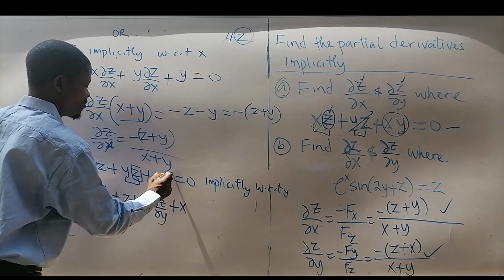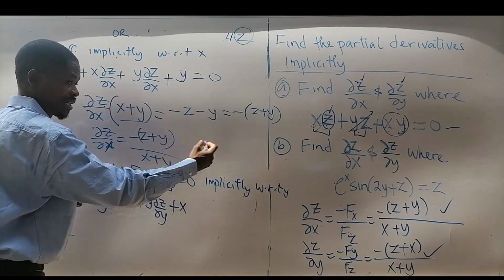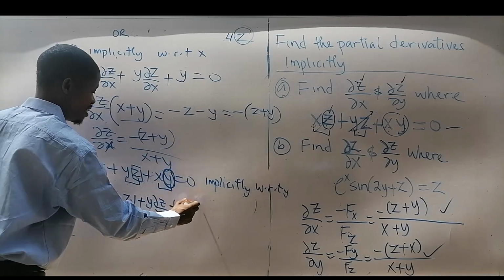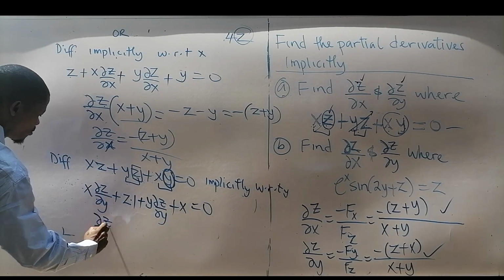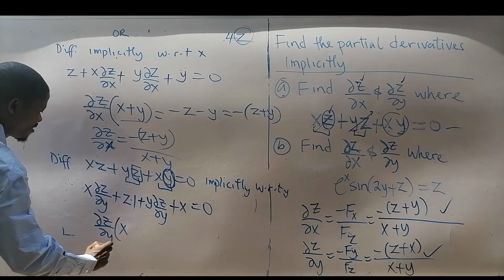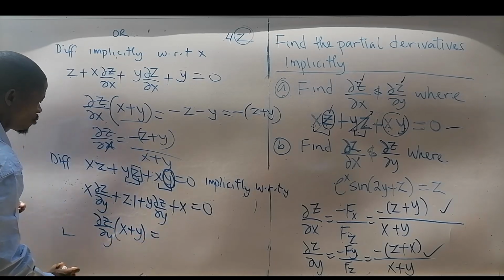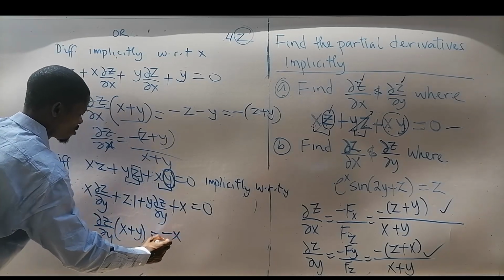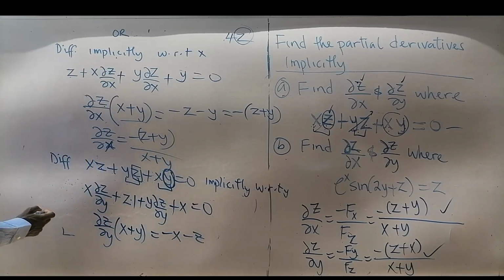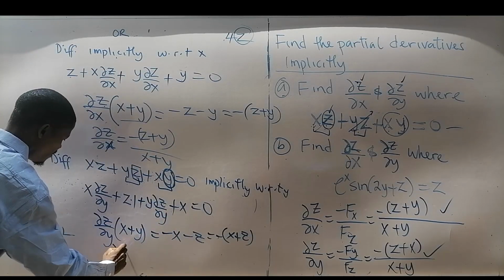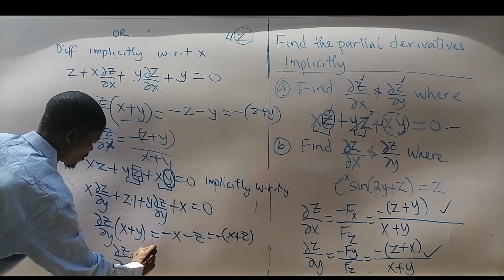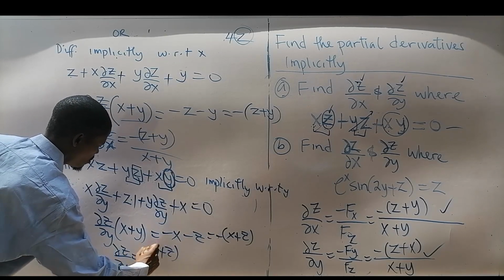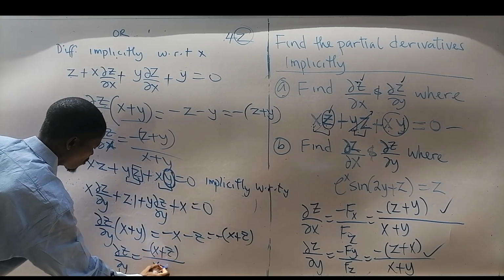This one is a constant. I'm differentiating y with respect to itself. That's 1 equal to what? Equal to 0. Okay, can you factorize this one? Factorize it, then we have this equal to minus this. Okay, which is same thing as del z del y is equal to minus this over what? Over x plus y.